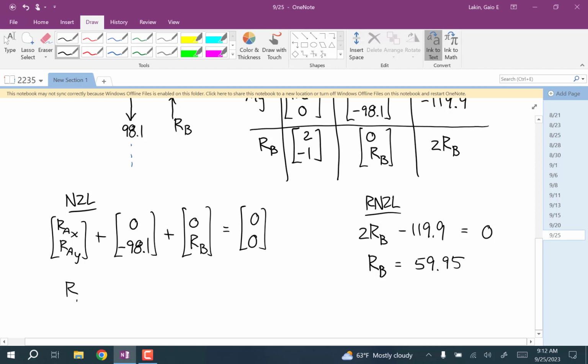And so RA then is equal to 0 for X. And for Y, can someone subtract that? So 98.1 minus 59.95, 38.15.